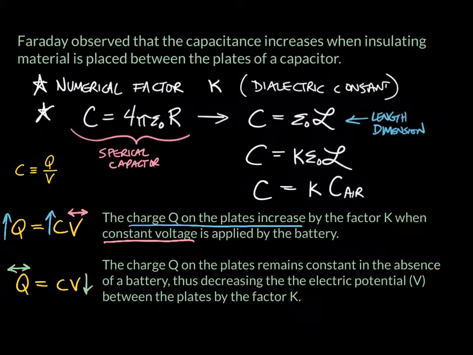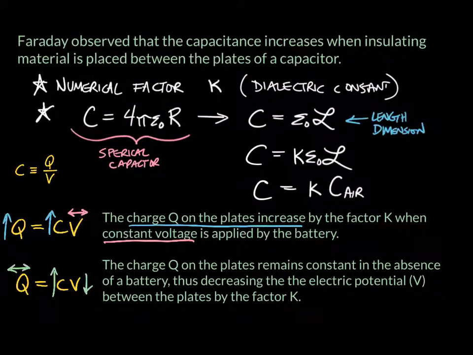And the only way that this could stay balanced is if increased capacitance in the non-battery case means a lower electric potential. Something's got to give. In the previous example, the battery kept giving, okay? And it kept voltage constant, which means the other two things had to change in a fashion that made sense.